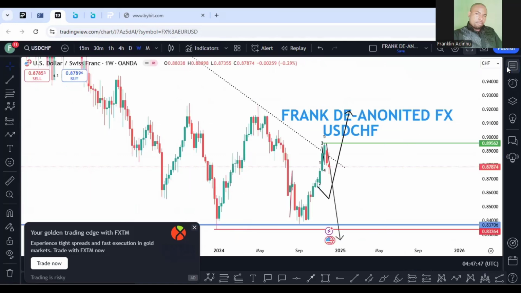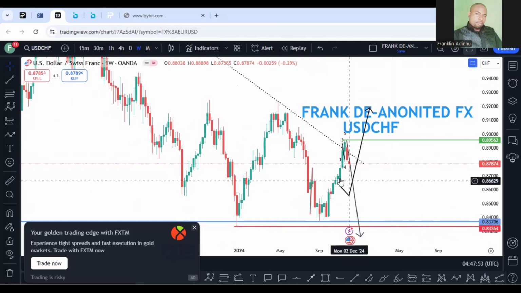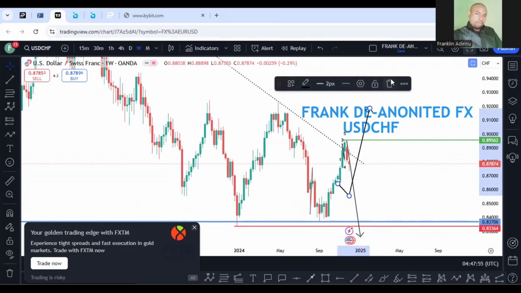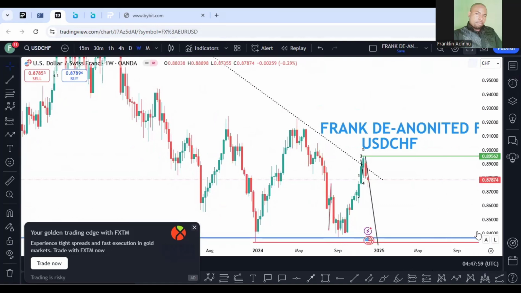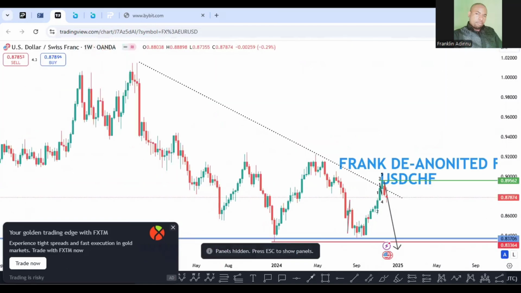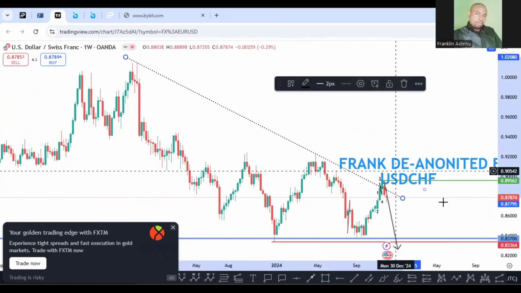Okay, this is USD/CHF. So it's better than sell for USD/CHF. When you look at it, you can see that it has been falling for a very long time.